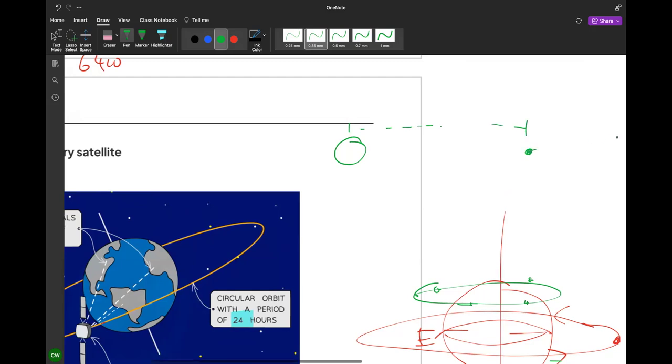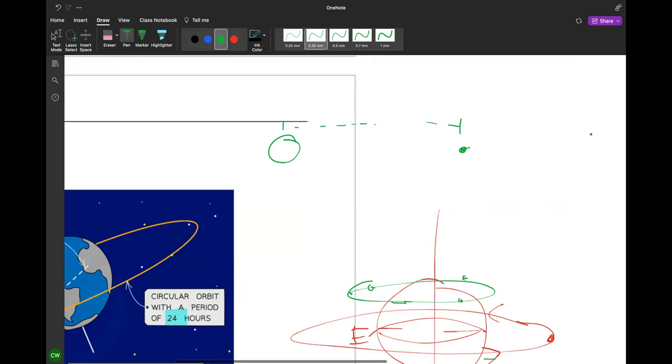How far is the moon? Do you know how far the moon is? What is the distance of the moon from us?